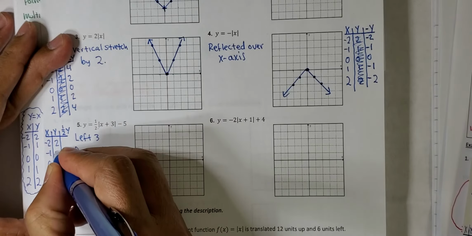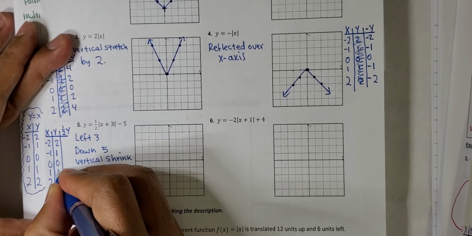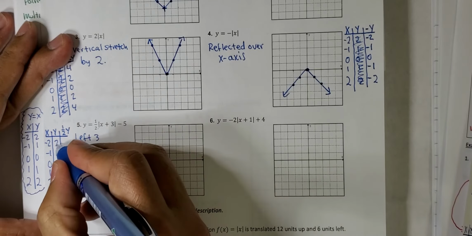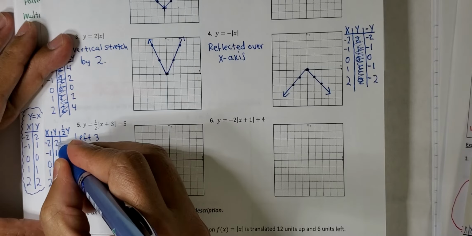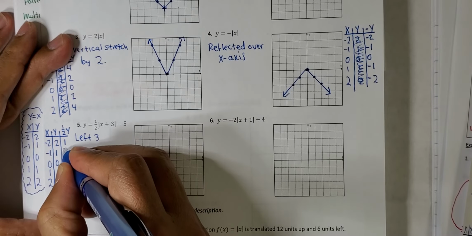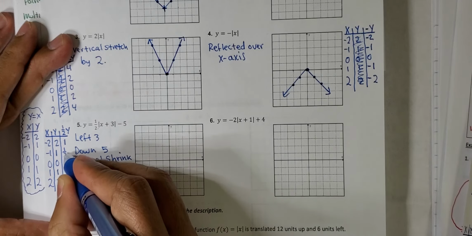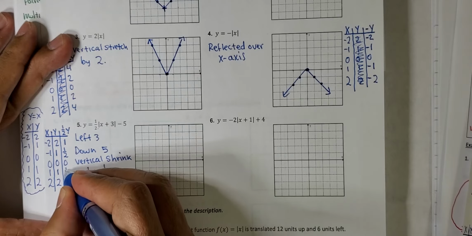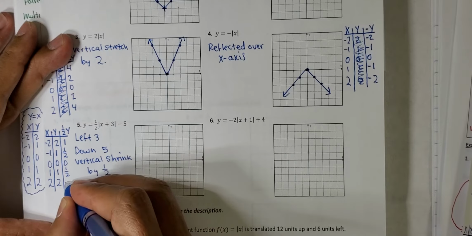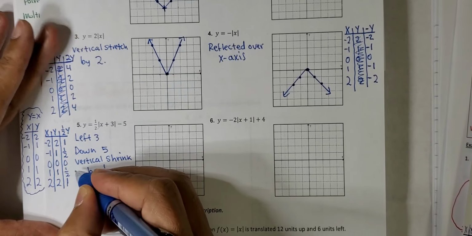We said this is 2, this is 1, this is 0, this is 1, and this is 2. Now take half of each one of these. Half of 2 is 1, half of 1 is 1/2, half of 0, still 0, half of 1, 1/2 again, and half of 2 is going to be 1.